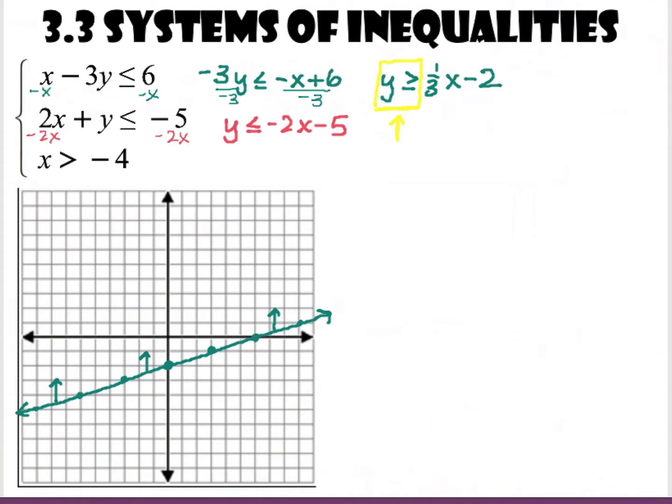For my second line, my y-intercept is down at -5, and we're going to slant down 2/1. Another solid line. And since I got the y by itself, y less than or equal to tells me that I can shade below that line.